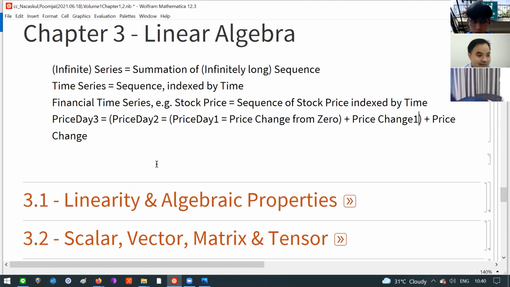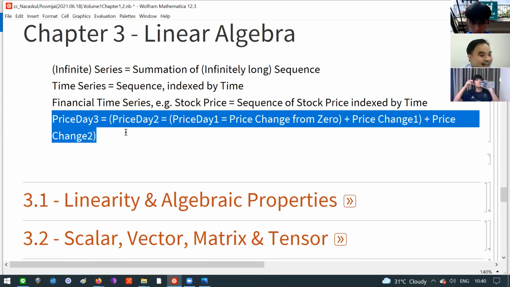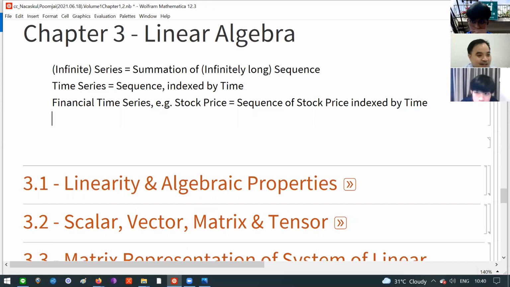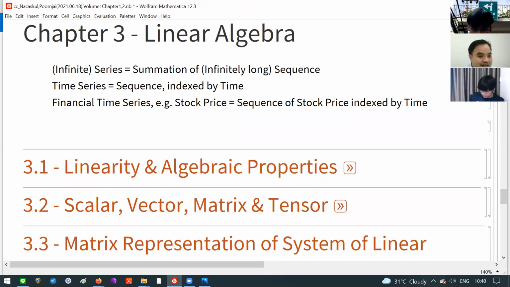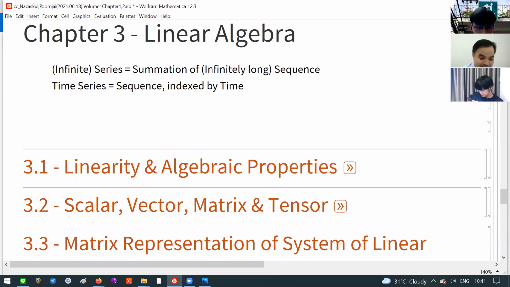So you keep adding. In a way, a time series is a proper series because it keeps adding the changes. So for all intents and purposes, when you see a time series, each value is actually a sequence, but it's called a series because internally you can think of it as being created by a cumulative sum of changes. So that's why it's called time series, not time sequence.